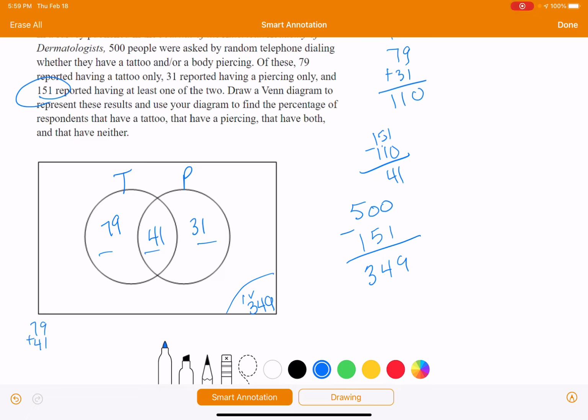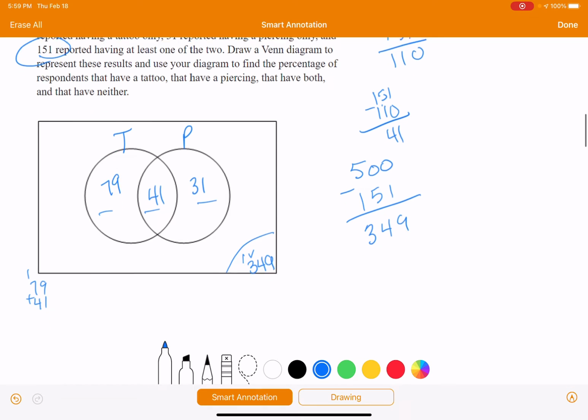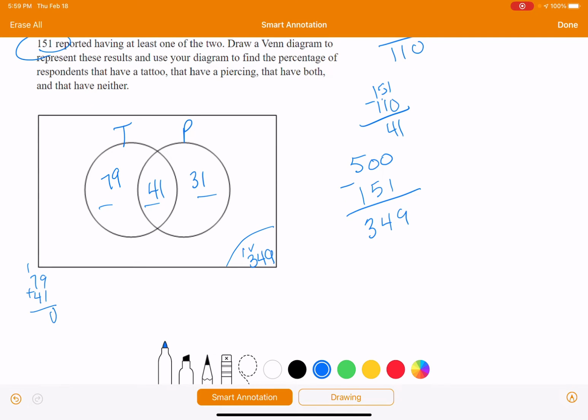Tattoo together will be 79 plus 41. Okay, and I get 120 there. Now to find the percentage, I'm going to have to take 120 out of the total people surveyed, which was 500. Divide those, and then we get 24%. Okay, divide that, multiply by 100.